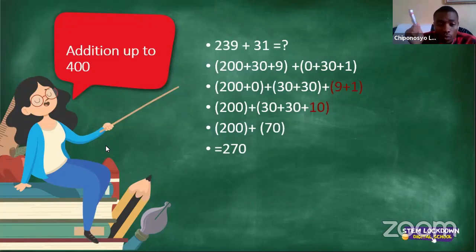That 10, I highlighted it in red because I want you to see that it comes from the 9 plus 1. So we have 200 plus 30 plus 30 plus 10. Then 30 plus 30 plus 10 gives us 70, and 200 plus 70 is 270.